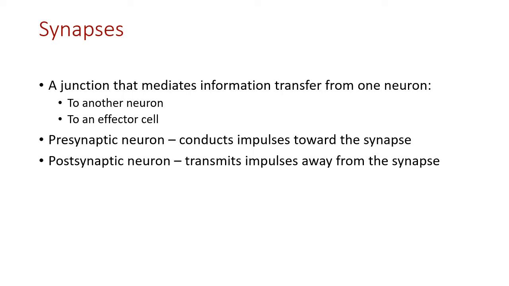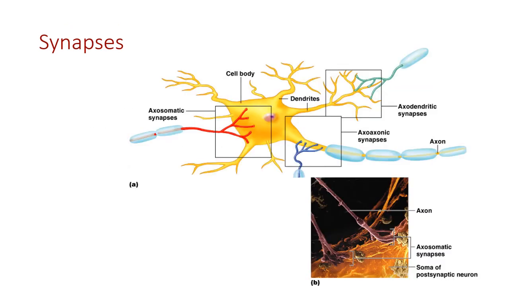But the postsynaptic cell could also be a muscle cell, a gland. It doesn't always have to be a neuron that we're talking about. And so we talked about last time that we have different types of synapses themselves. And so we have everything from axosomatic types of synapses, axodendritic, axoaxonic types of synapses.